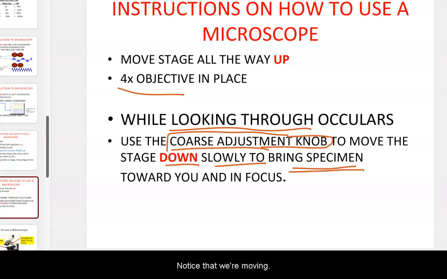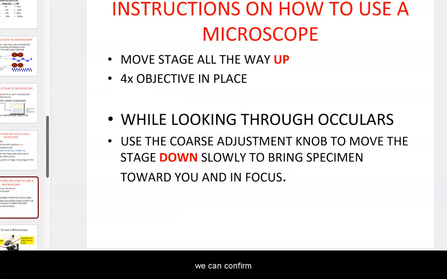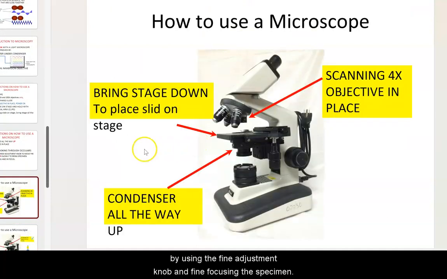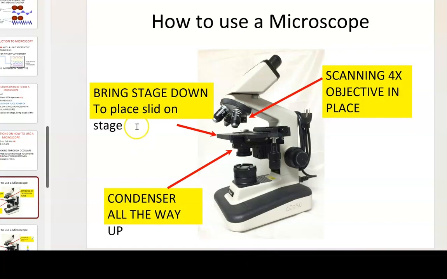Notice that we're moving the stage down, so we're moving away from the oculars. Once we find the specimen, or what we think is the specimen, we can confirm and make the specimen clear by using the fine adjustment knob and fine focusing.